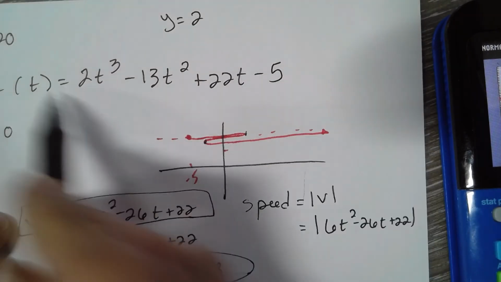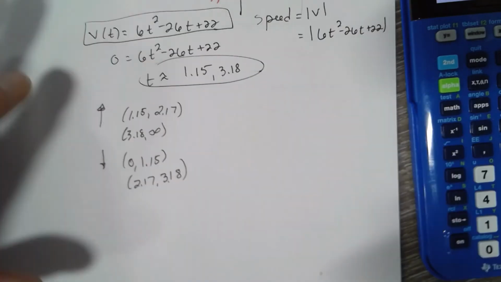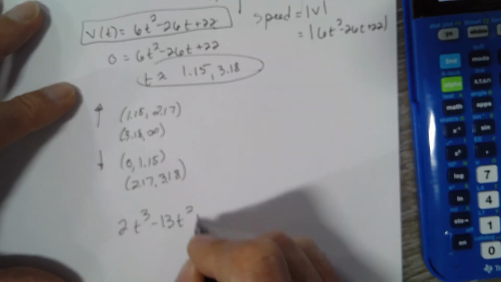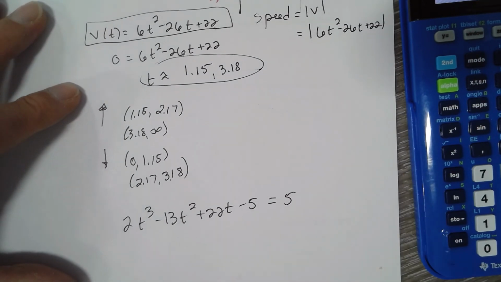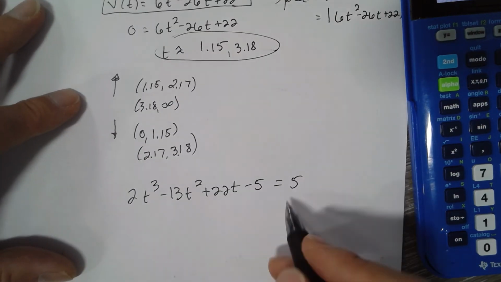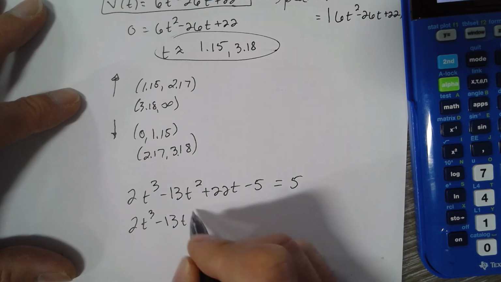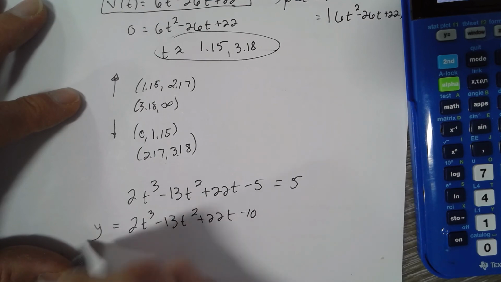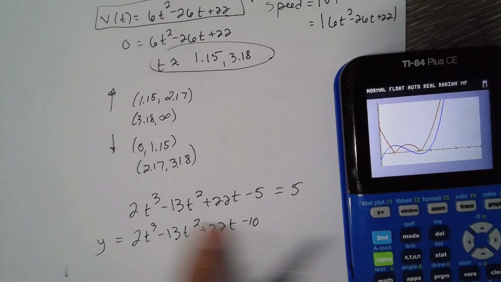So we could just set this, 2t cubed minus 13t squared plus 22t minus 5, equal to 5. I could subtract 5. Then we just need to find the solution to this.